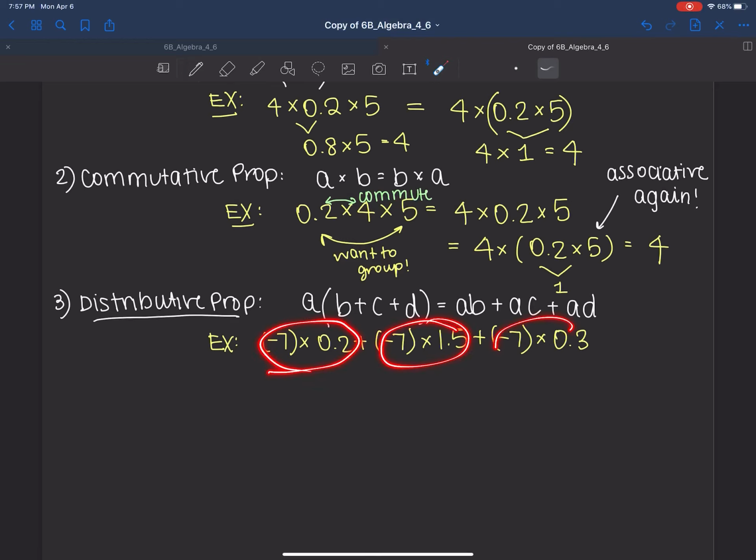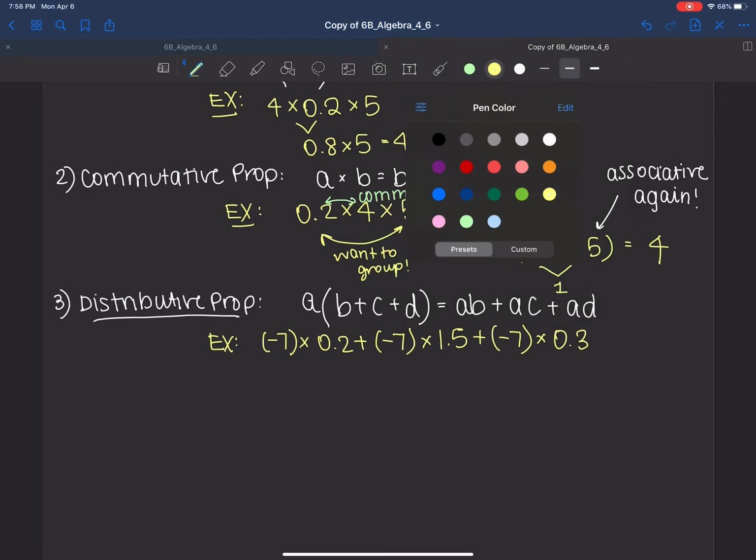If I were to do PEMDAS, I would have to do these multiplications first. I'd have to multiply these crazy numbers by 7. And we can notice instead that every term has a minus 7 factor. So why don't we just pull those minus 7s out? So we're going to pull out our minus 7.